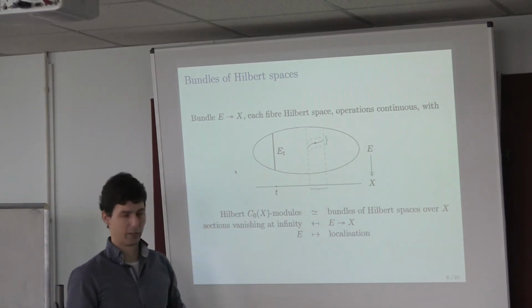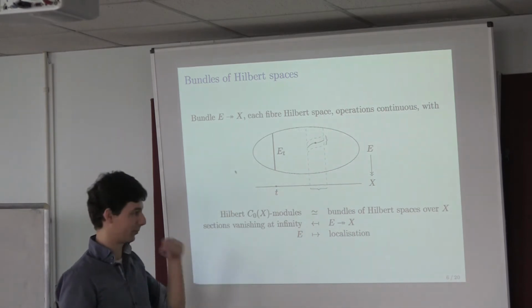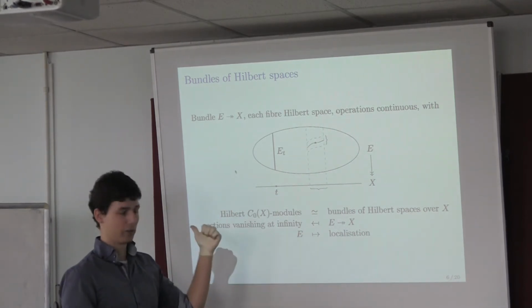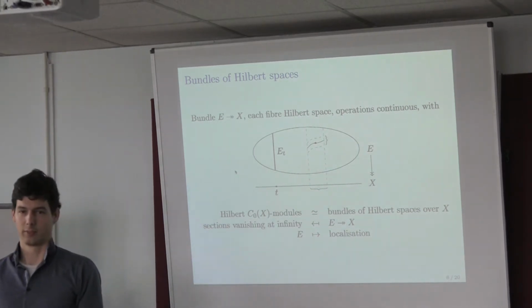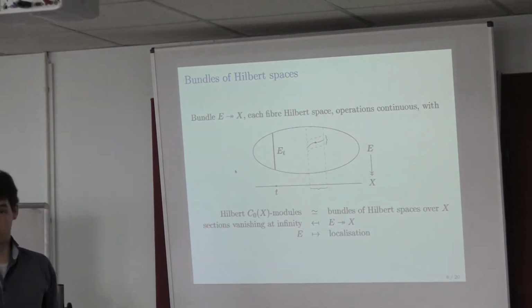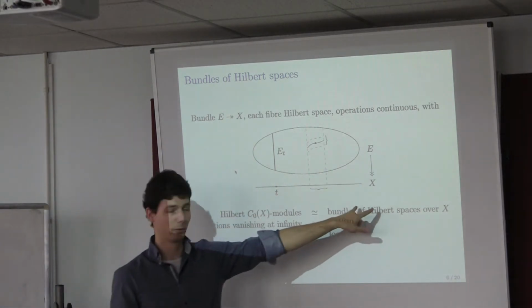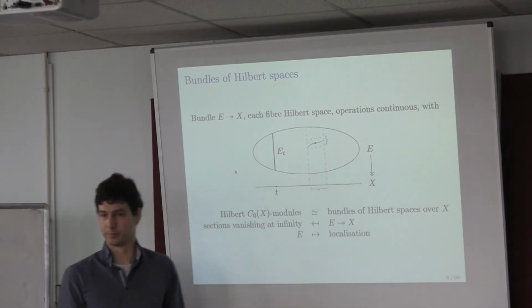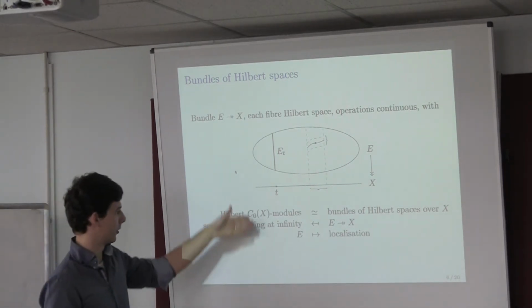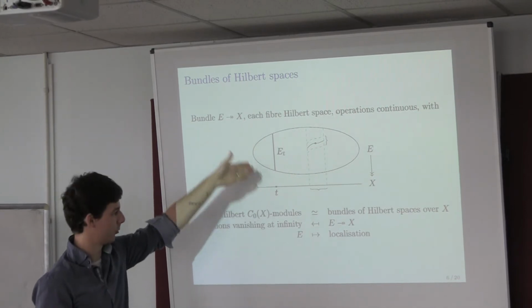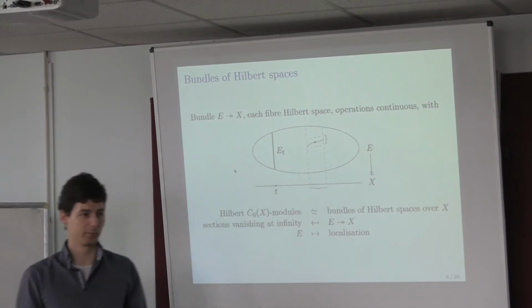And I want the section to vanish at infinity again, so it gets smaller and smaller as you go towards the edge. So that's one direction, that's an equivalence. We'll talk about the other direction later. And so this is a monoidal equivalence of monoidal categories. So everything I can do algebraically here, I can also look at geometrically. Okay. So we don't just have one category of Hilbert spaces, we have a category of Hilbert spaces for each point in the base space, and they vary continuously.